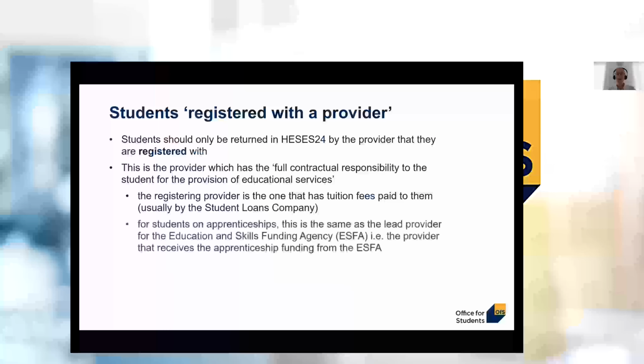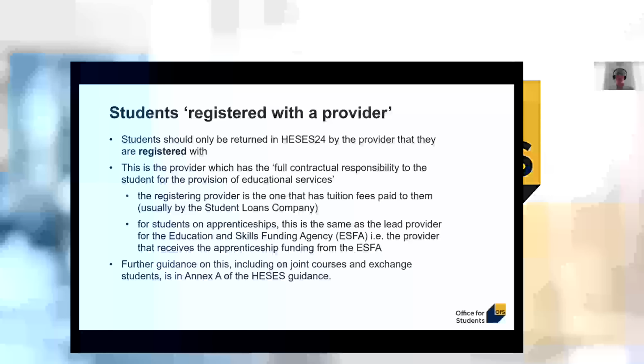And for students on apprenticeships, this is the same as the lead provider for the Education and Skills Funding Agency, the ESFA. That is the provider that receives the apprenticeship funding from the ESFA. And we'll come on to say a little bit more about apprenticeships in a moment. Further guidance on this, of course, including details on joint courses and exchange students, is in Annex A.